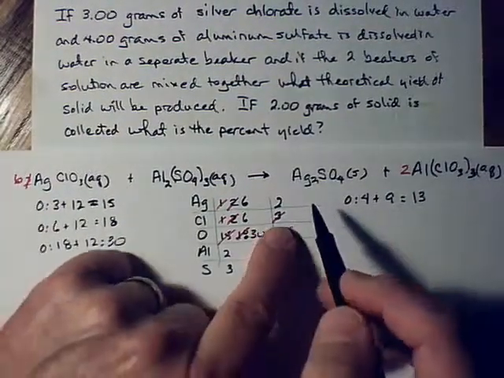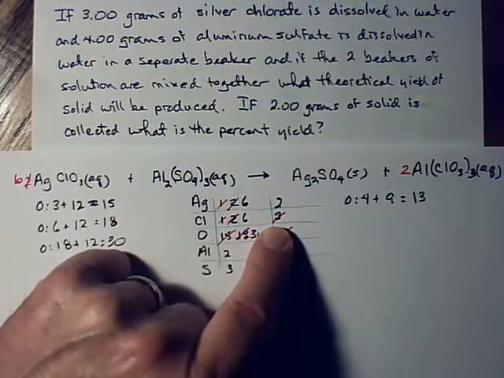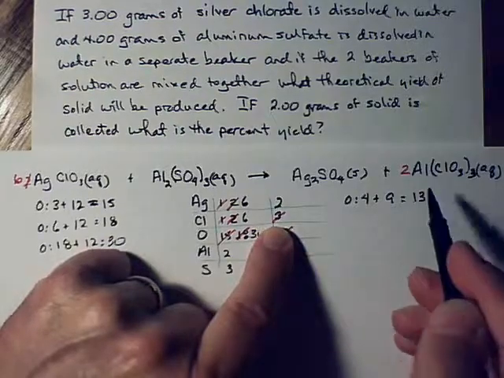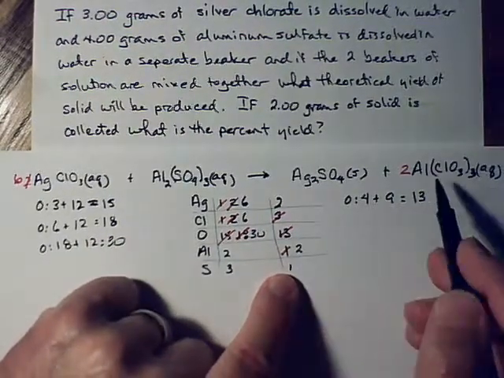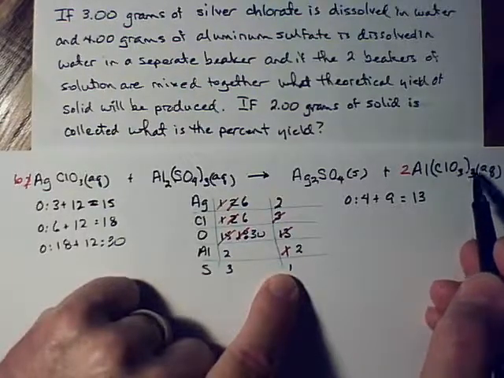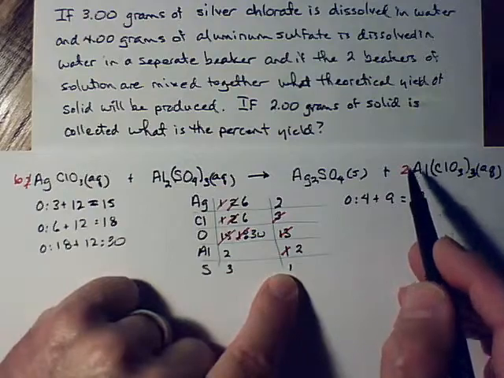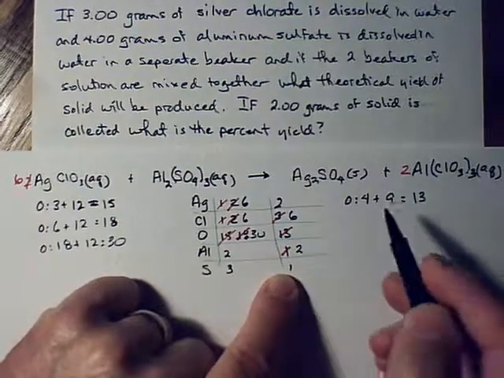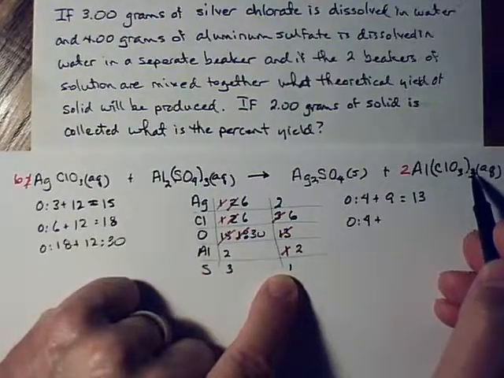All right, over on this side, let's see, we're going to have 2 times 1 aluminum in the formula. That gives me 2 aluminums. Let's see, I've got 3 times the 1 chlorine, then times 2, that's 6 chlorines. And the oxygens, I've got 4 there. 3 times 3 is 9.